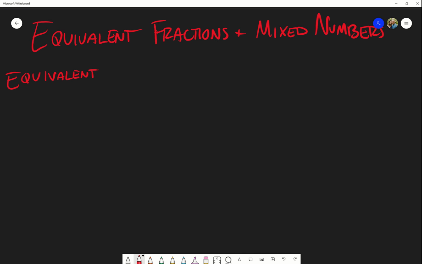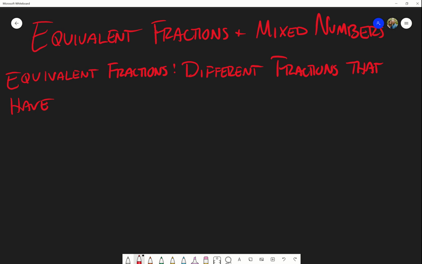Equivalent fractions are different fractions that have the same value. So different fractions, but they have the same value.